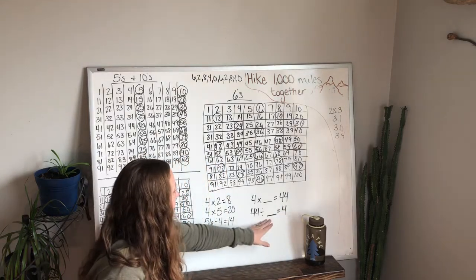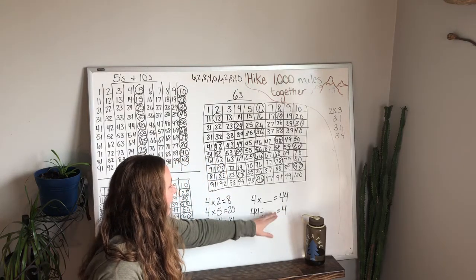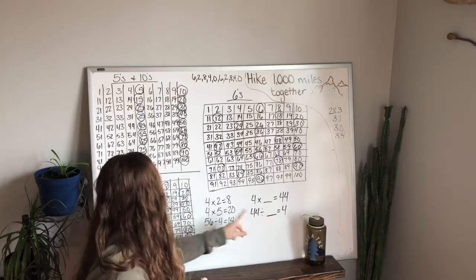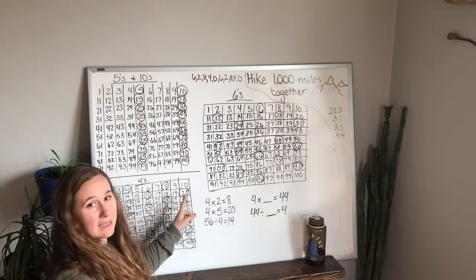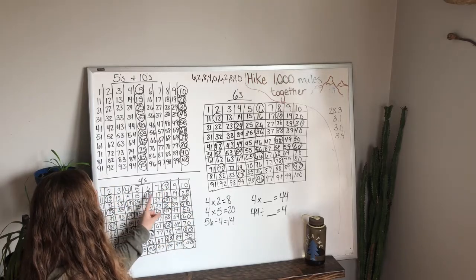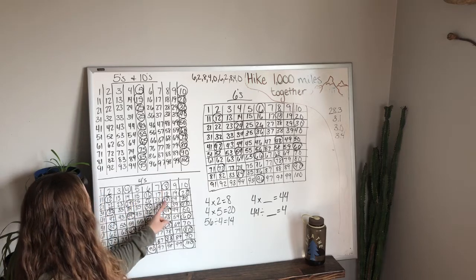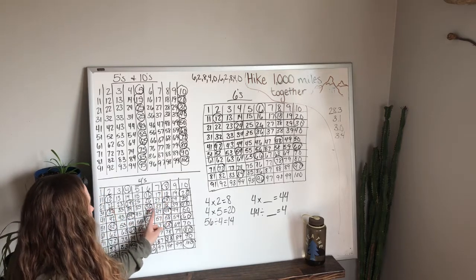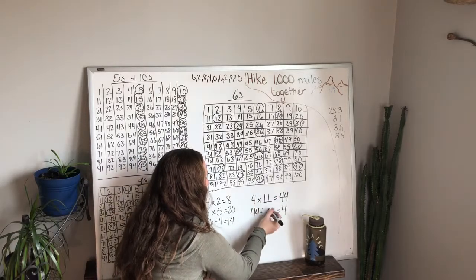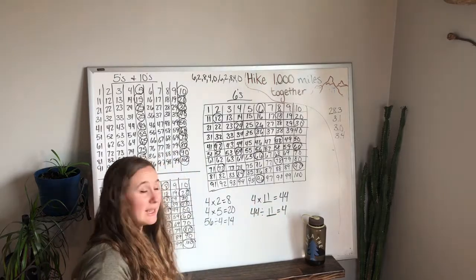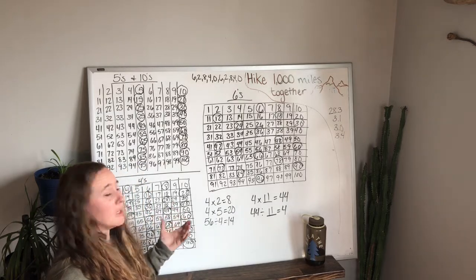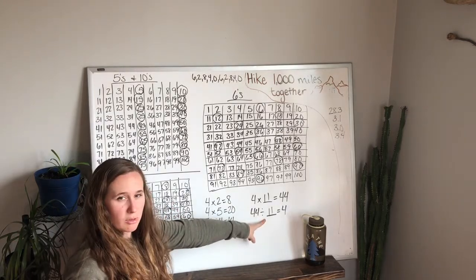So as soon as I figure out what that blank is, I'll have the whole equation. And this basically means how many 4s does it take to get to 44? So I go 1, 2, 3, 4, 5, 6, 7, 8, 9, 10, 11, which means 11 is right there. I didn't have to do any of that math.